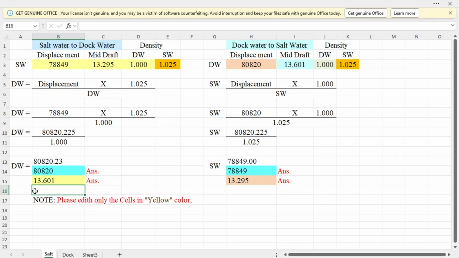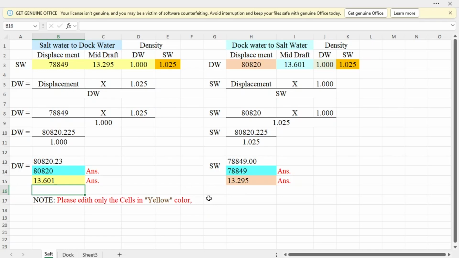And if you do it in reverse, you are floating in dock water of 1.00. What will be the draft in salt water? With the reverse, displacement, which is this one, times your dock water density of 1.00 over salt water of 1.025, the corresponding displacement will be 78849, which is this one, and the draft will be 13.295.